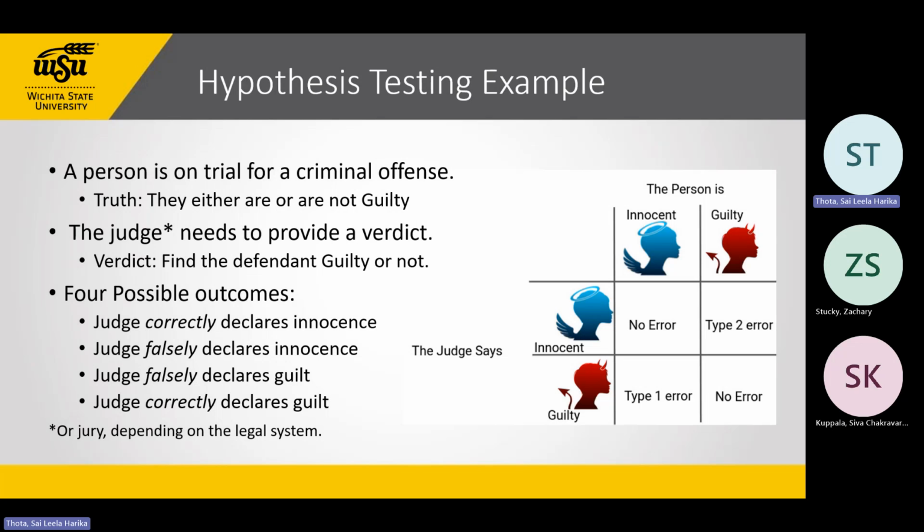For example, the person did not do the crime and the judge says that he did not do the crime. Then there is no error because he's really innocent. So these are the type 1, type 2, and no error. And type 2 error we call a false positive, and type 1 error we call a false negative.